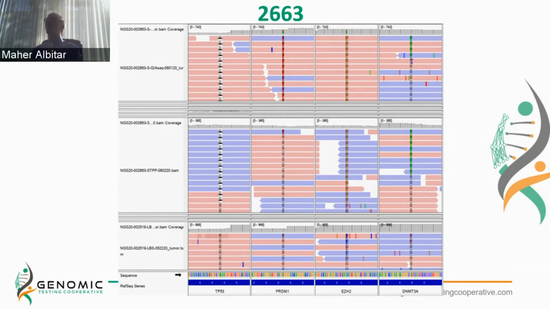They are not clonal, and they are not the same mutations we detected in the biopsy. So these are artifacts, not clonal abnormalities. This is one of the examples where there is very low tumor burden, and we didn't detect any mutation in the cell-free DNA in this particular patient. Next slide.